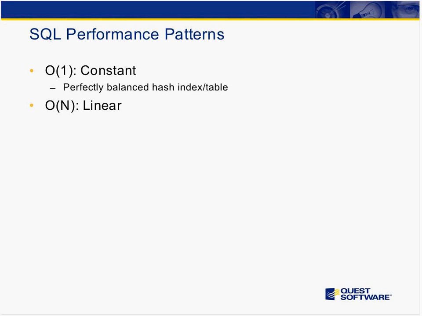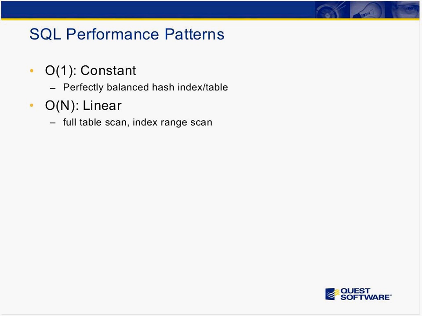But the problem is that you have to rebuild the index constantly to make that work, and that's not a viable alternative when, by definition, we're talking about increasing data requirements. So that's good for static requests, but it's not going to address most of our problems.